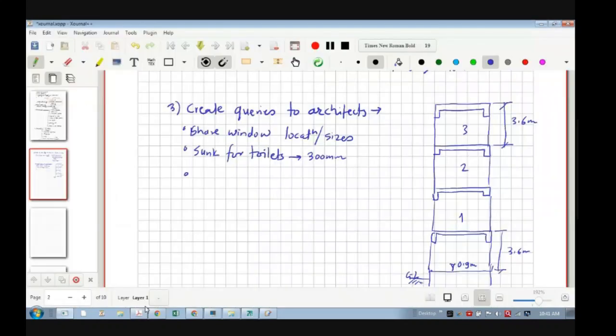So the location is at the external face of the wall of all rooms, and the size is 1.5 meter wide by 1.2 meter height. Now this is the answer that comes from the architect. Any other questions?